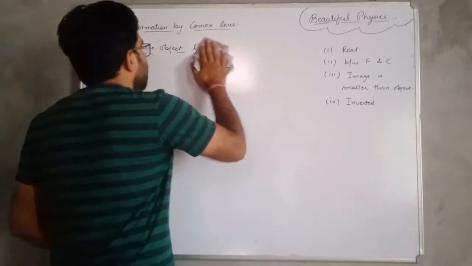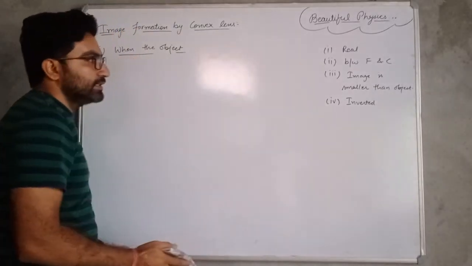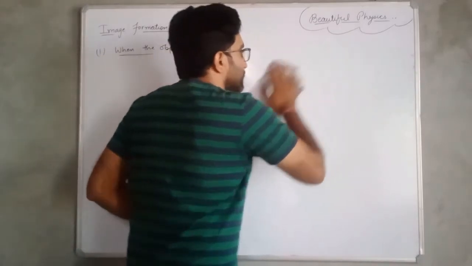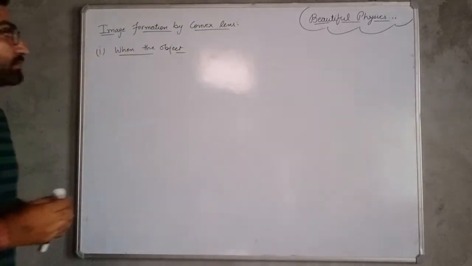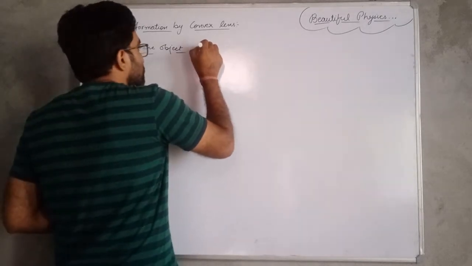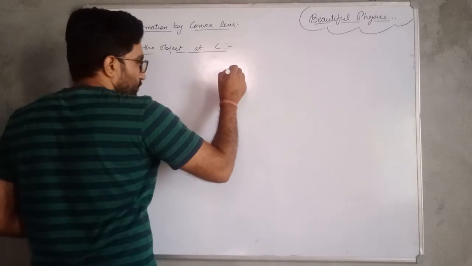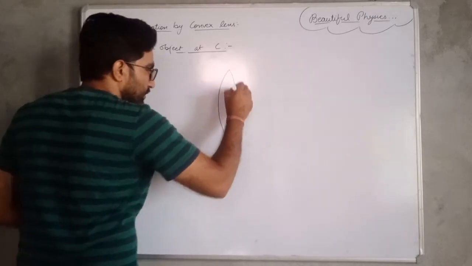When the object lies at the center of curvature, at C. Again we have to draw the convex lens.